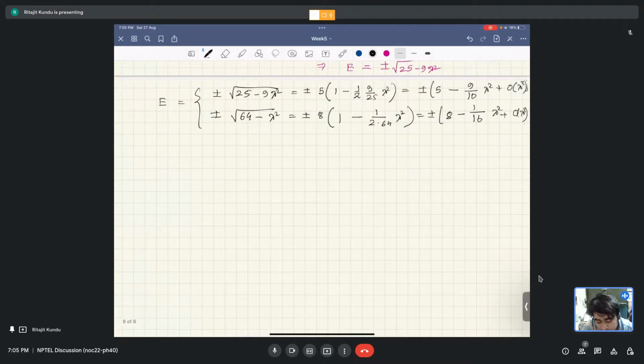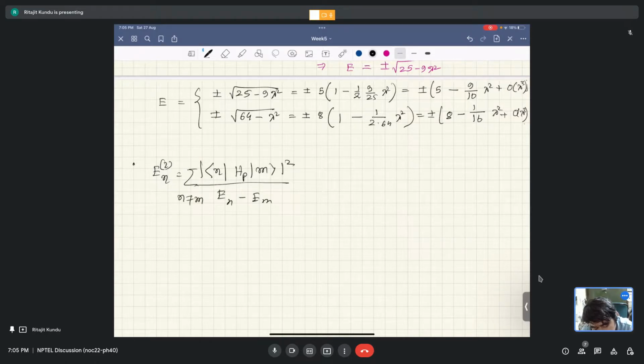The same quantity in that case will become E2, which is the summation over n not equal to m of mod square of H_nm divided by En minus Em. Okay. So these m's and n's are the eigenstates and eigenvalues of the bare Hamiltonian, this H naught.